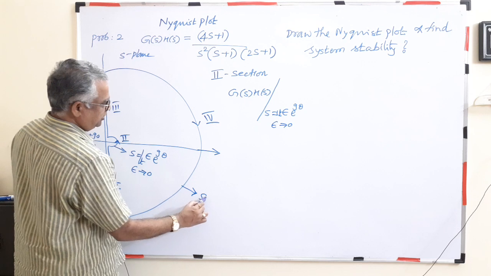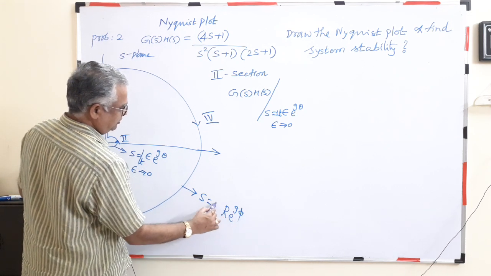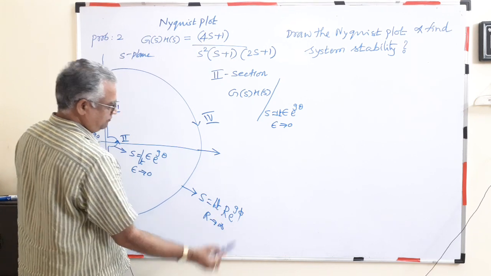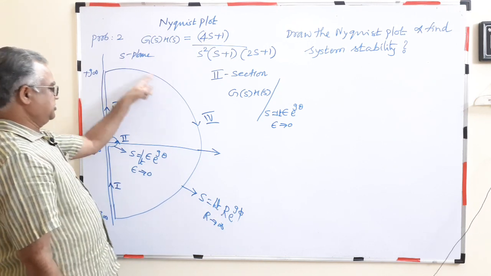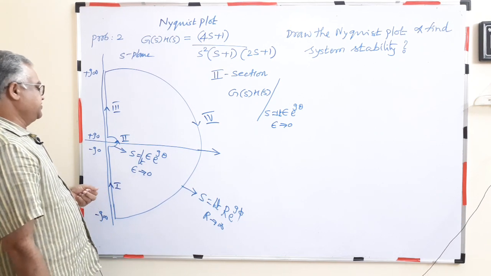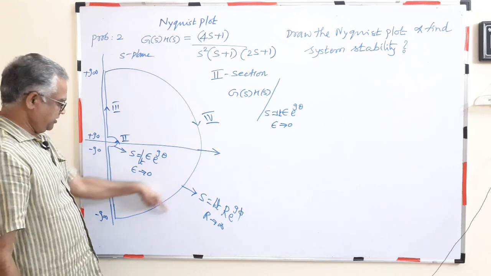Whereas fourth section is s = R e^(j phi), limit R tends to infinite. Fourth section is a bigger circle, second section is a smaller circle. This is in counterclockwise, this is in clockwise.